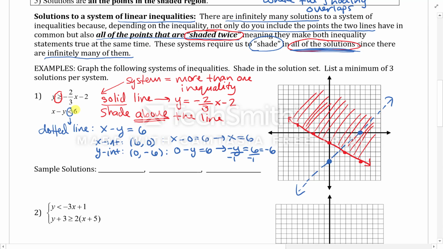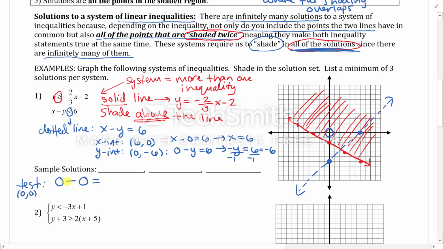And then I'm going to pick a point that is not on this line. I think I'll pick the point 0, 0 to test with the inequality. So I'm going to test the point 0, 0 by plugging both 0 in for x and y. I'm testing the ordered pair 0, 0 because it's clearly not on the line, and I'm just checking to see if this area of the line would be a solution.